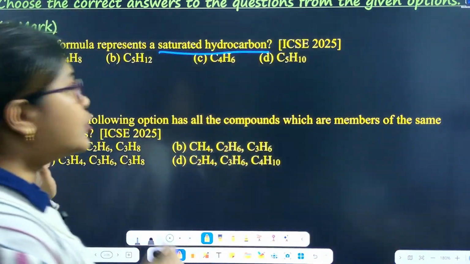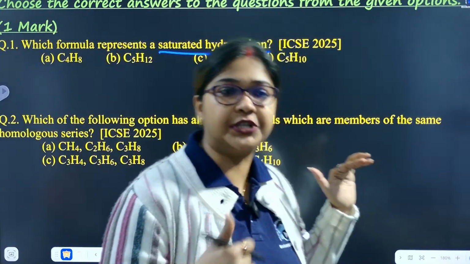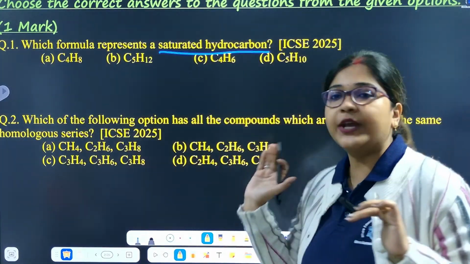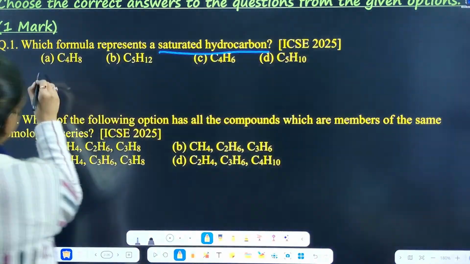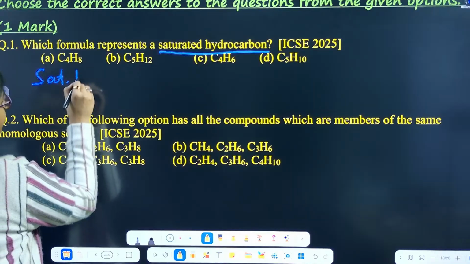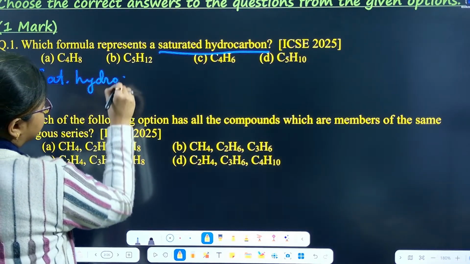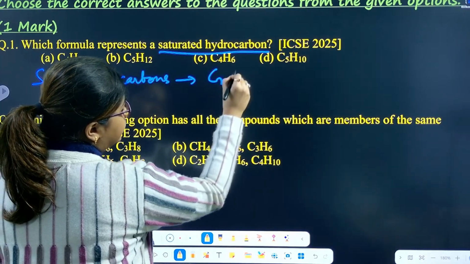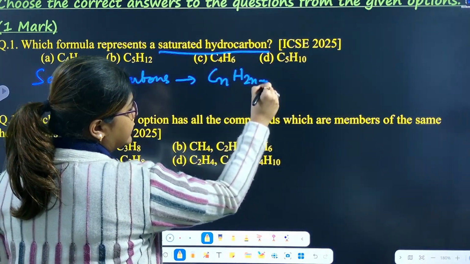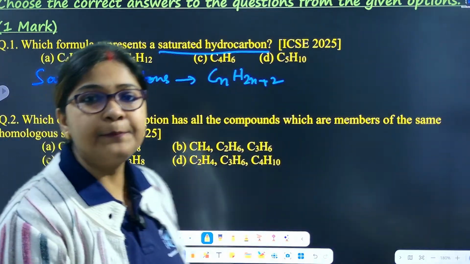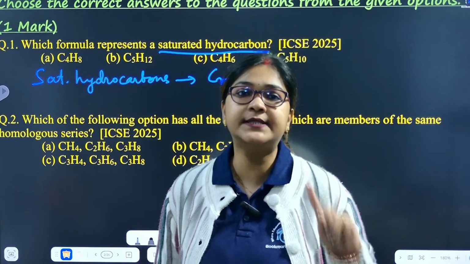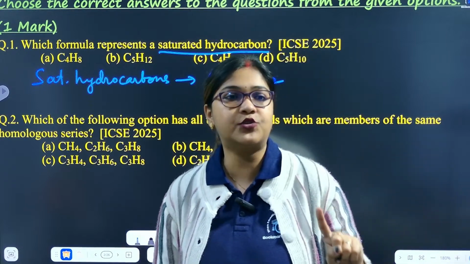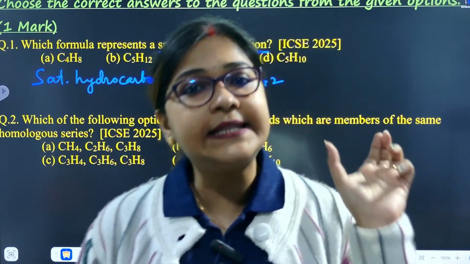If you give a quick recapitulation, what is the general formula to write a saturated hydrocarbon? Saturated hydrocarbons have the general formula CnH2n plus 2. And what is the homologous series that lies under saturated hydrocarbons? It is the alkane series.